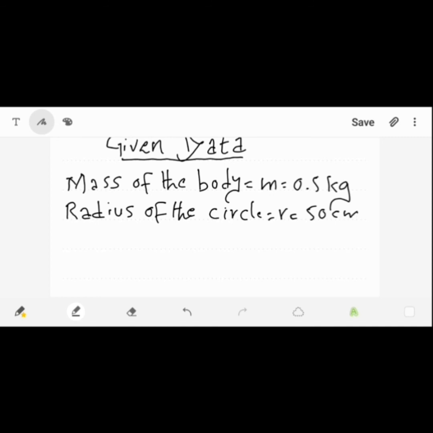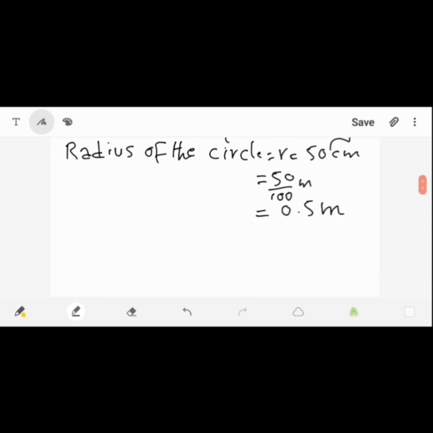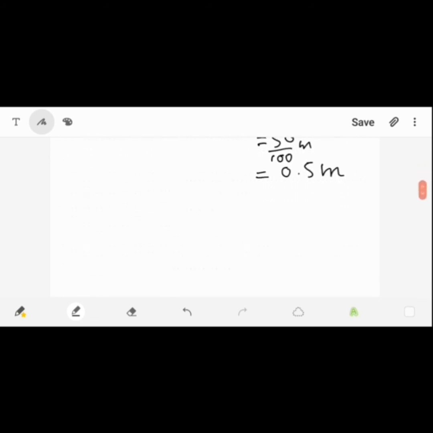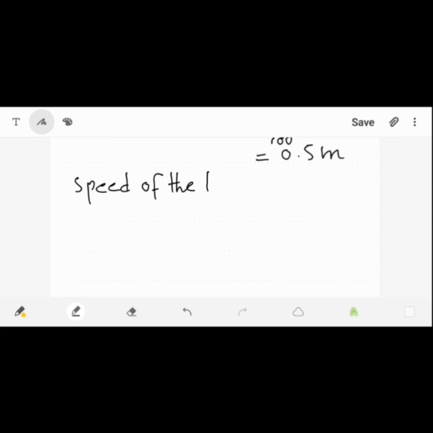You have to change this value into meter by dividing by 100. It will become 0.5 meter. Next given value is the speed of the body, with the symbol v. It is equal to 3 meter per second.